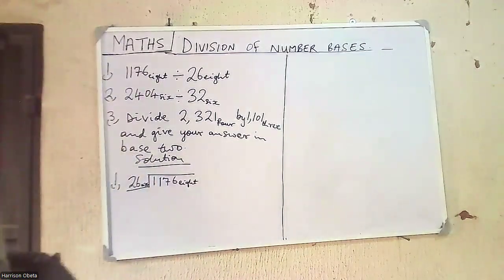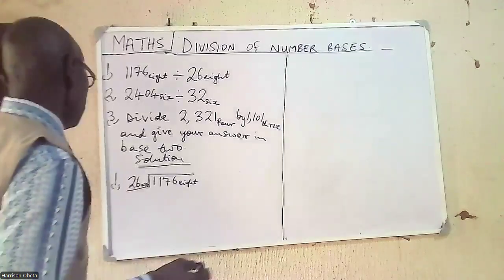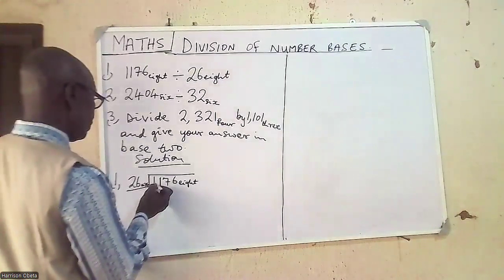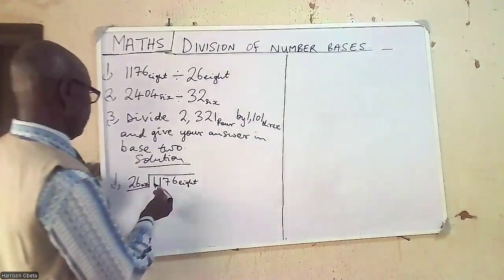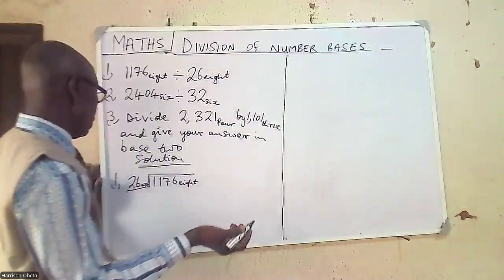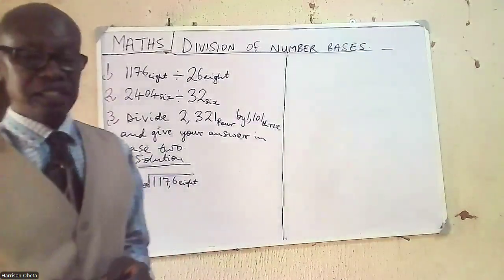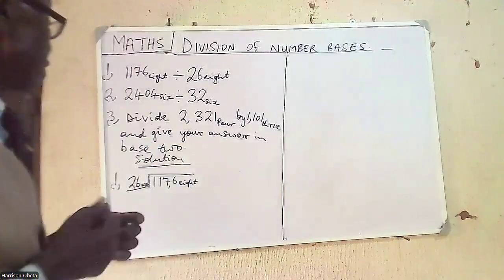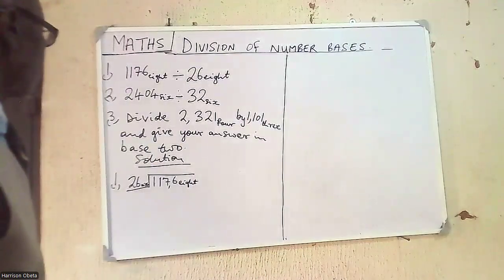Okay, so the first thing to do is to check the first 2 digits to know whether this can divide it. If we check, we have 1, 2, it cannot. Then we pick 1, 2, 3. And then check the number that we use to multiply this to give us exactly this or close to that.